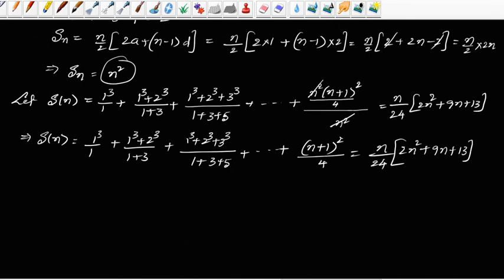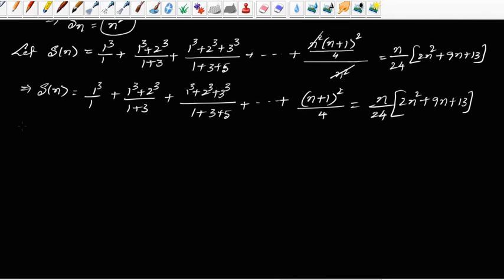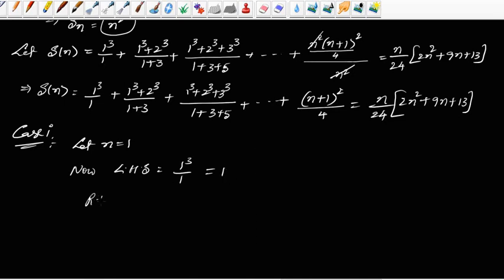So by using the mathematical induction procedure, we should do this. Case 1: let n is equal to 1. Now LHS equals 1 cube by 1, that is the first term, that means 1. Now RHS is 1 by 24 into (2 into 1 square, 9 into 1, 9 plus 13).